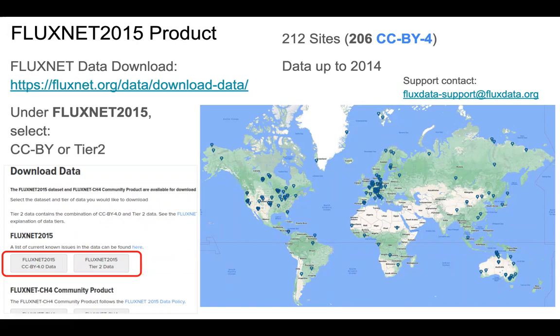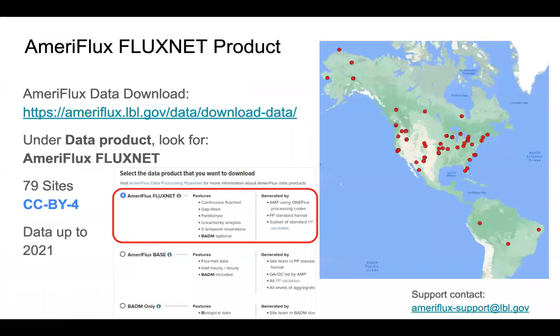So the tier 2 data includes all sites, but has more restricted data usage. If you choose to include these additional 6 sites, even if you end up only using sites that are CC-BY-4.0, you will have to follow the tier 2 policy. So pay attention to this small detail. It might be important when working up your data analysis.